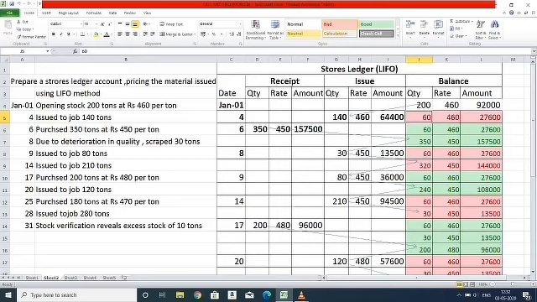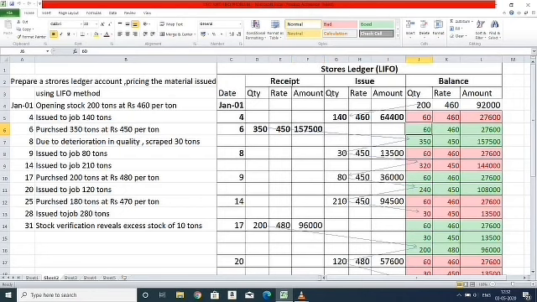Then on January 6, we purchased 350 tons, rate 450 per ton. Then amount comes to 1,57,500. This 350 tons also will form part of our closing stock.